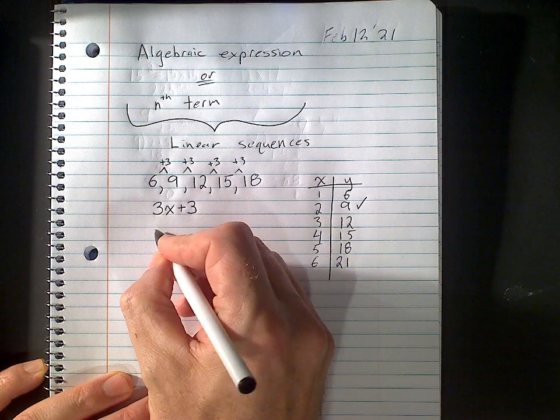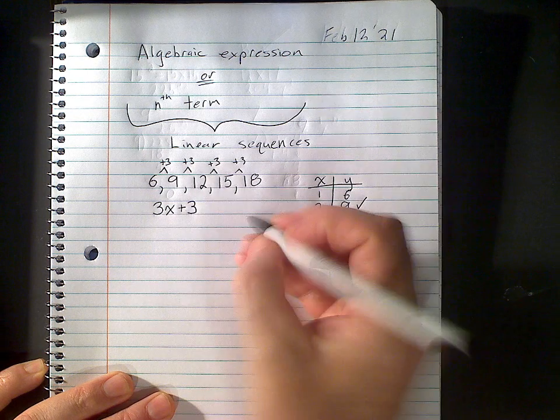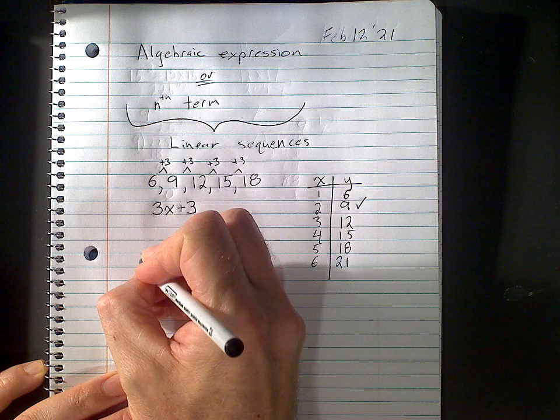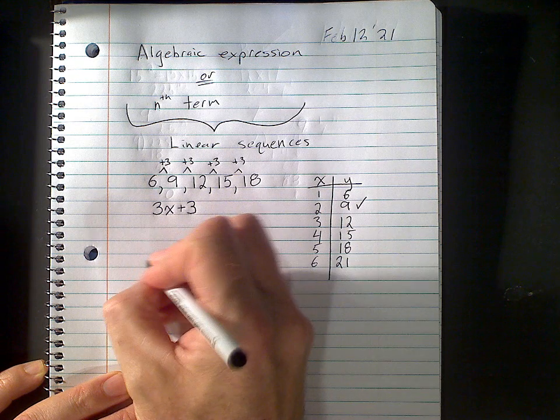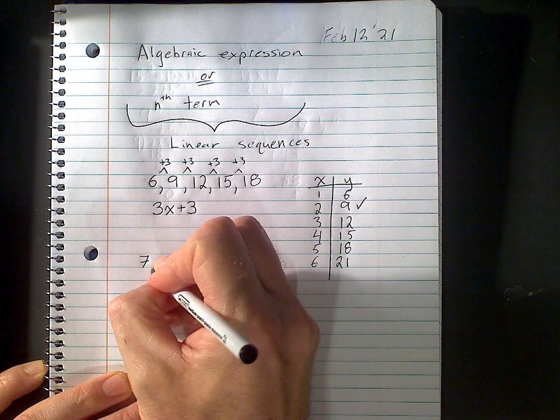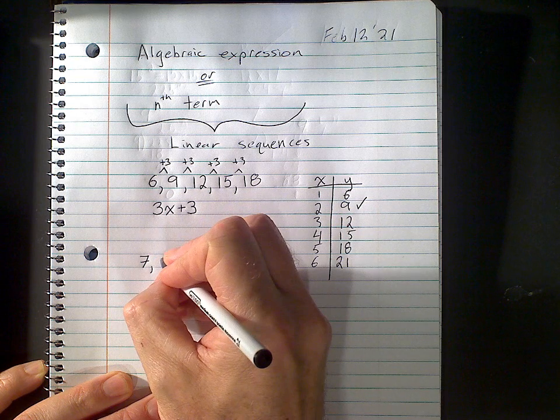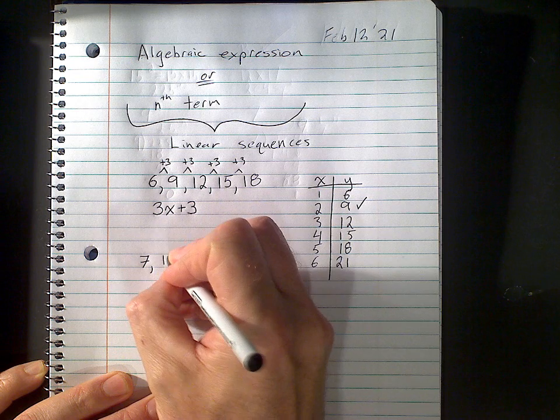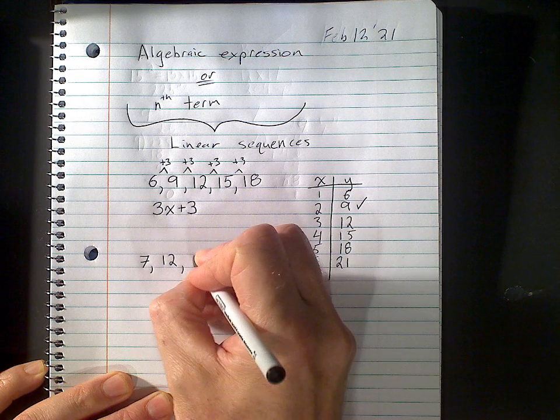Okay. Here we go. Let's do another one. I'm going to make it a little more sophisticated. A little more complicated. Not that much complicated. 12. He did 12 again. I think he likes the number 12.